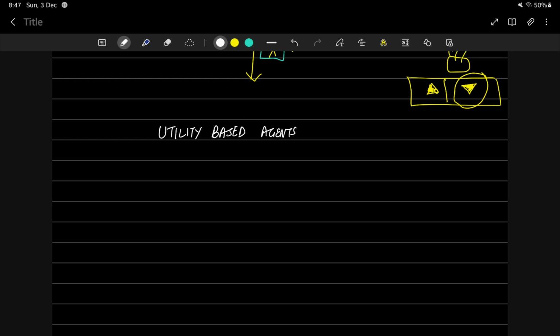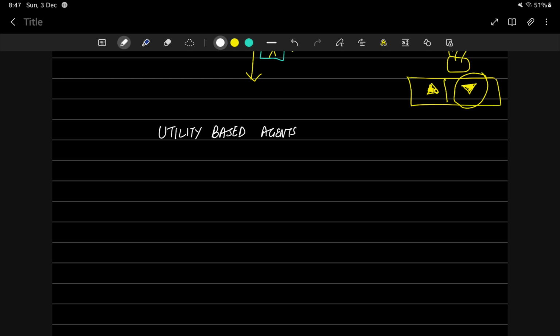So a formal definition can be: utility-based agents go beyond simple goal achievement, and they also take into account the desirability of different outcomes, right? Like how desired is this outcome, how desired is this outcome.